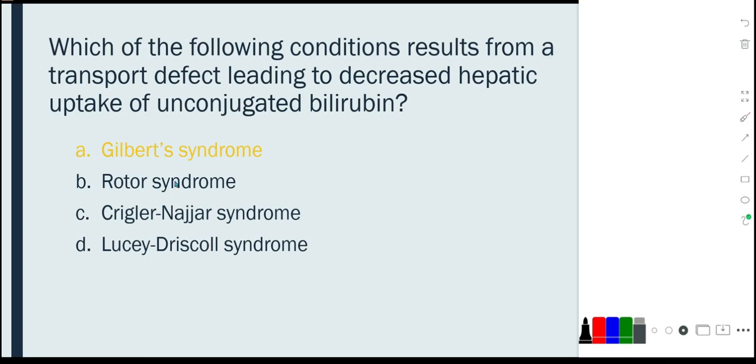As for Rotor syndrome, the specific cause of hepatic jaundice here is defective secretion of conjugated bilirubin. Crigler-Najjar, on the other hand, is associated with the deficiency of the enzyme glucuronyl transferase, and Lucey-Driscoll syndrome, guys, is associated with the inhibition of the conjugation process in the liver.